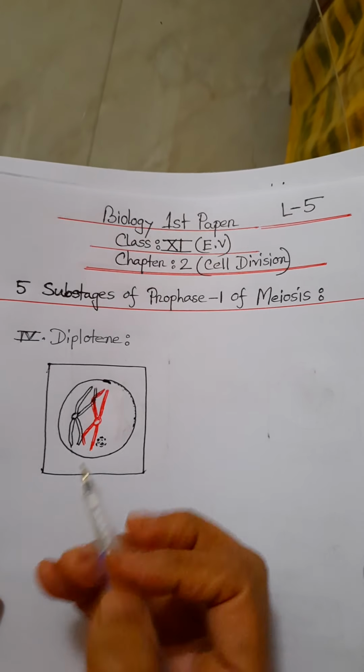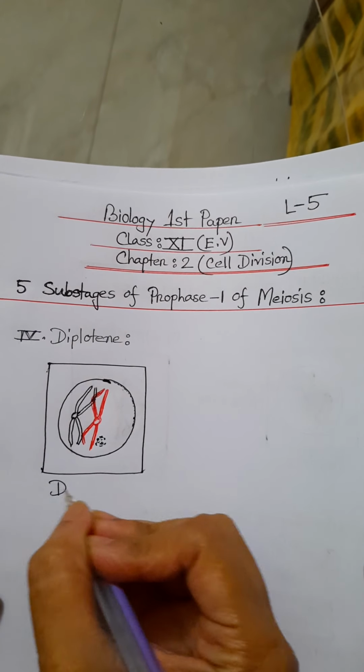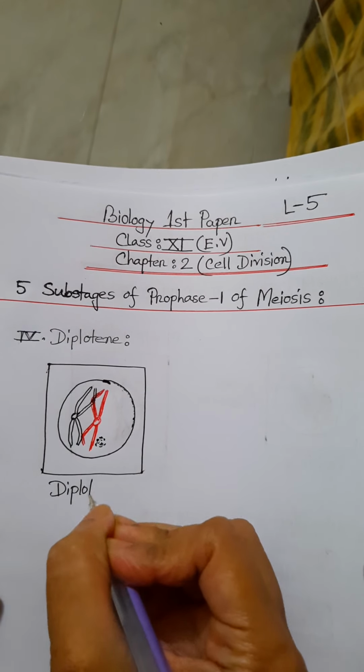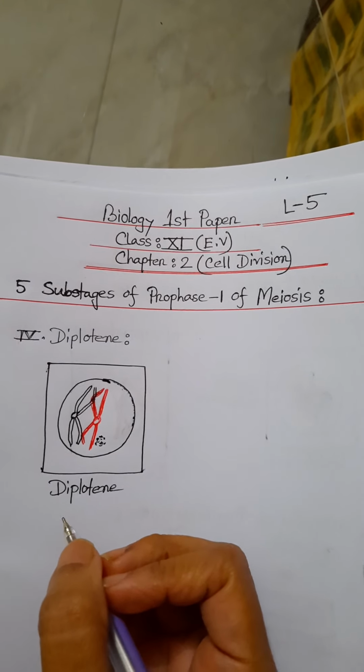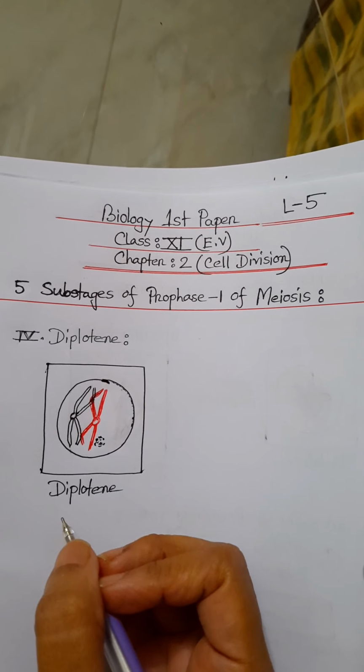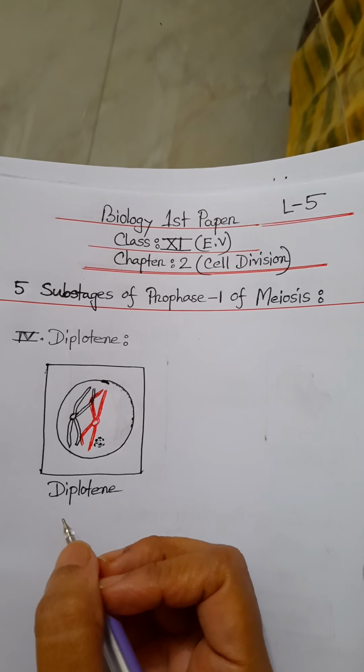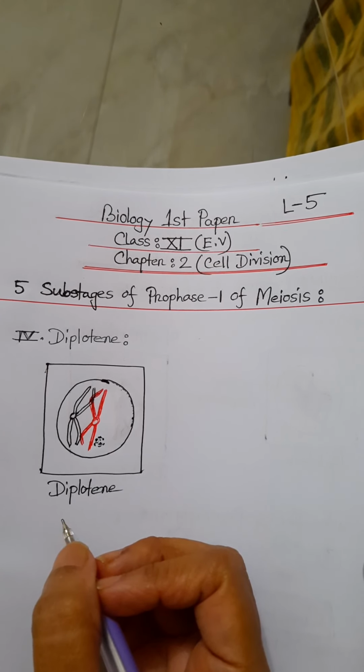So in the diplotene stage, you can find continuous contraction in this phase. The chromosomes become more thick and short.